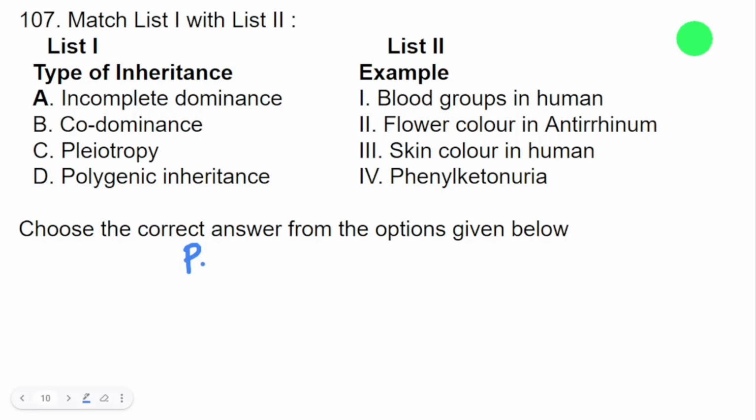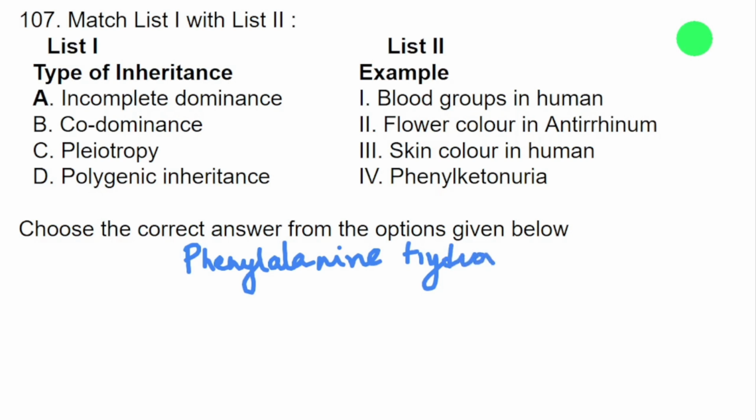The enzyme phenylalanine hydroxylase is mutated. So this is phenylalanine hydroxylase. The abbreviation for this enzyme is PAH.